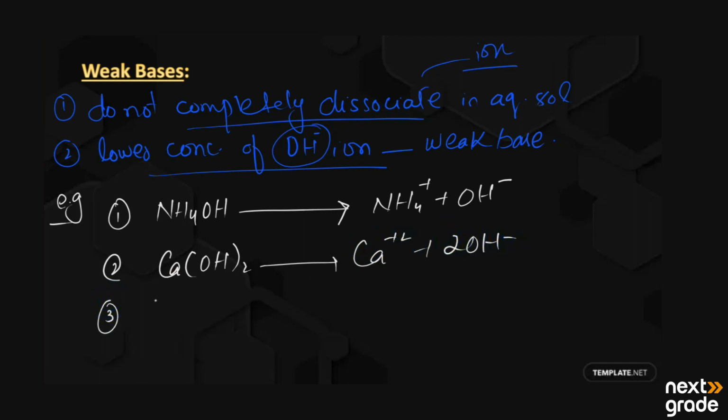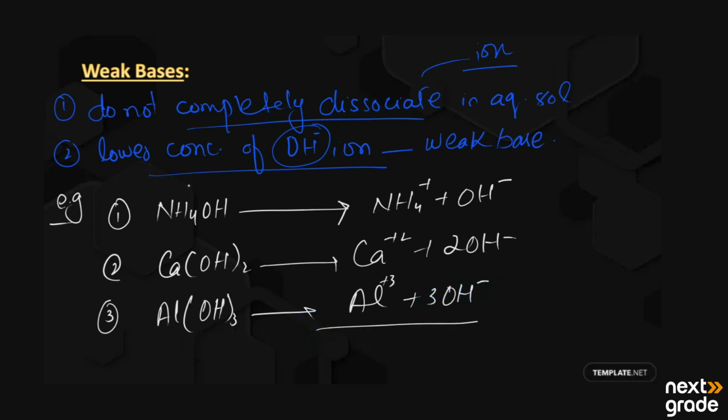The third is aluminium hydroxide, which gives Al plus and OH minus, Al(OH)3. These three are weak bases because they do not dissociate completely to produce ions.